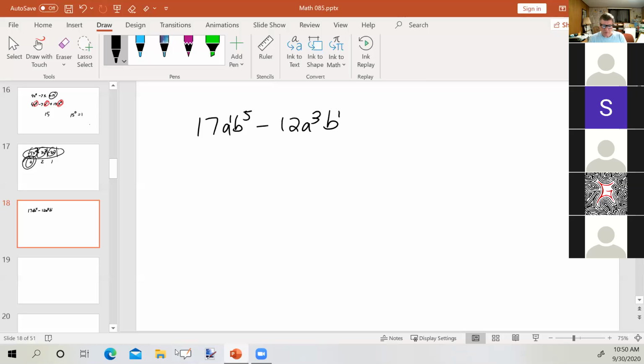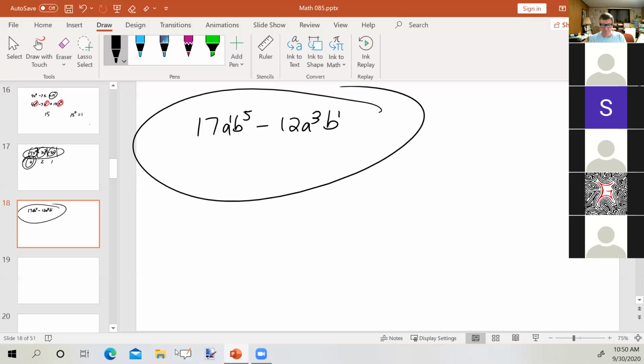So what's the degree of the entire binomial? 6. Excellent. The degree of the entire polynomial is the same as the degree of the highest powered term within the polynomial.